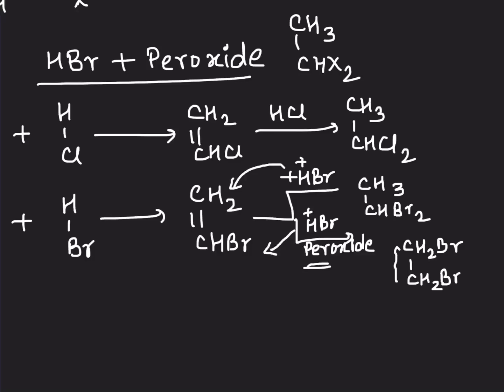These two bromines are in the vicinity of each other, right? So this is a vic dihalide. On the other hand, this one is, yes, called a gem dihalide, right?